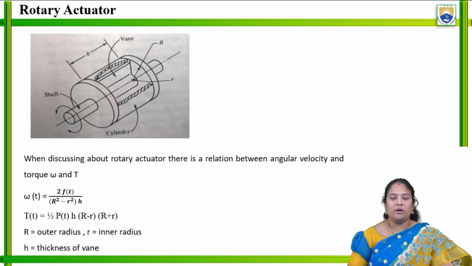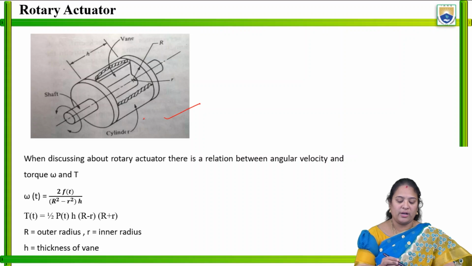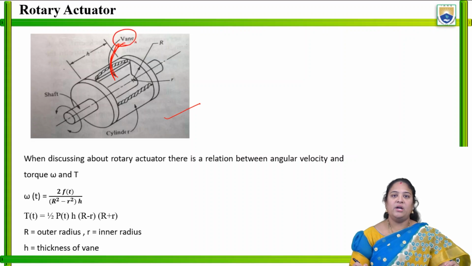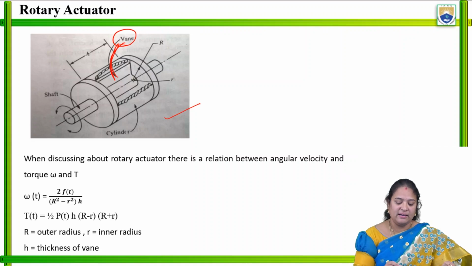So next, moving on to the rotary actuator. How does this rotary actuator work? As I've told you, this rotary actuator is like a motor. It is a cylindrical device where the compression of the air is done with the help of vanes, right?